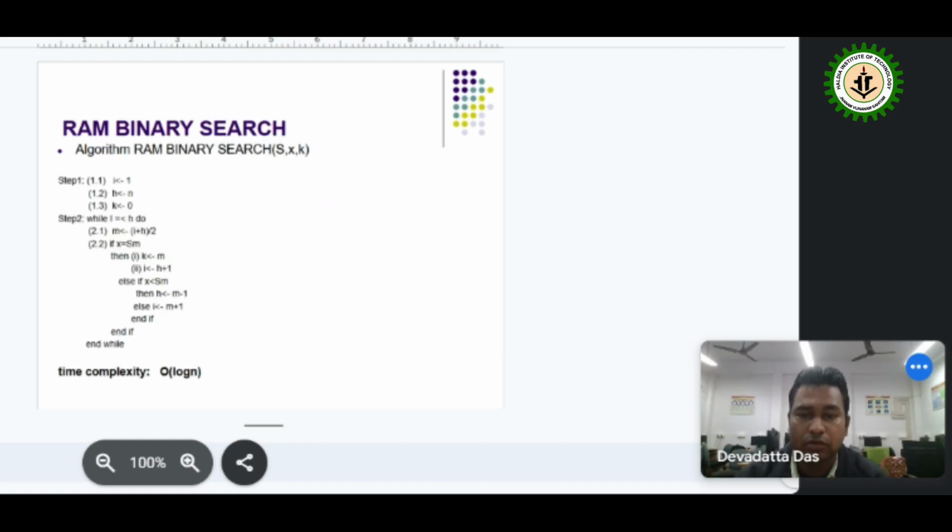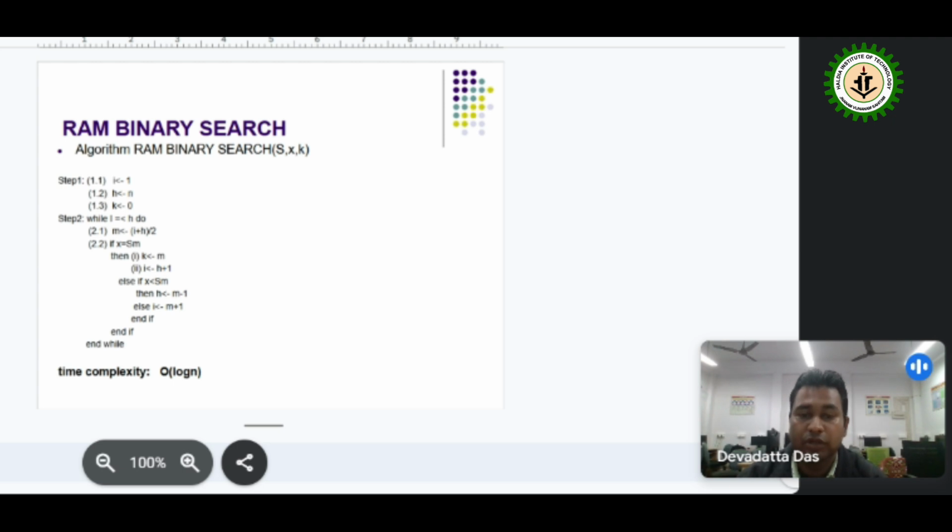Okay, so I'm discussing the binary search. This is the algorithm of RAM binary search, SXK. Step one, at first we have to check the values: i tends to 1, h tends to n, then k tends to 0.